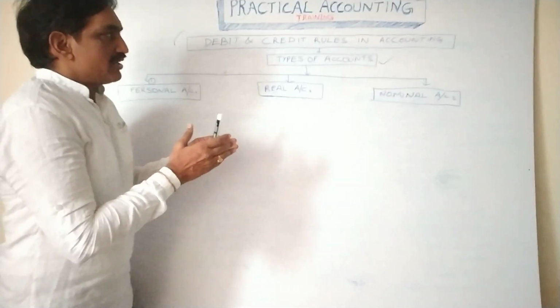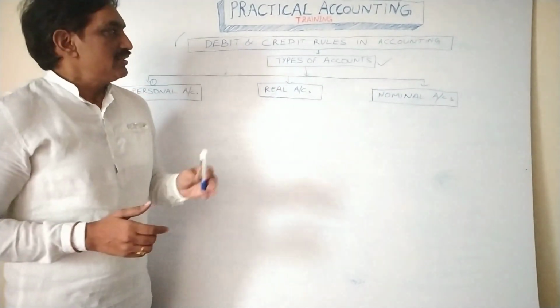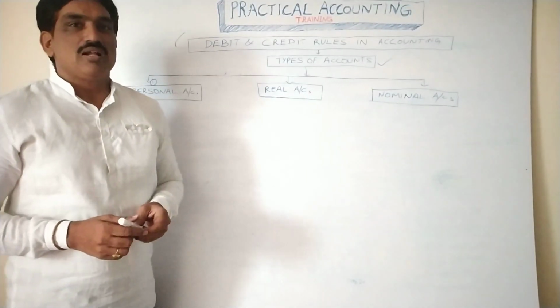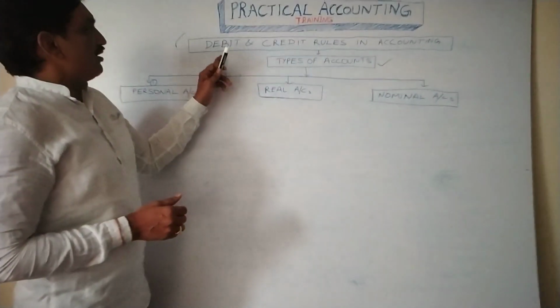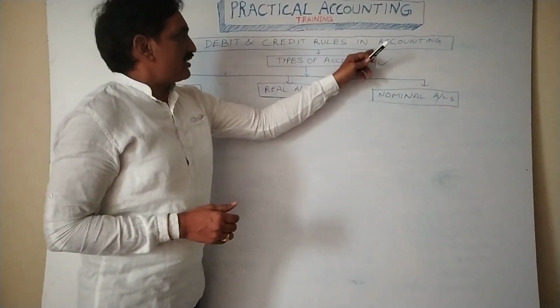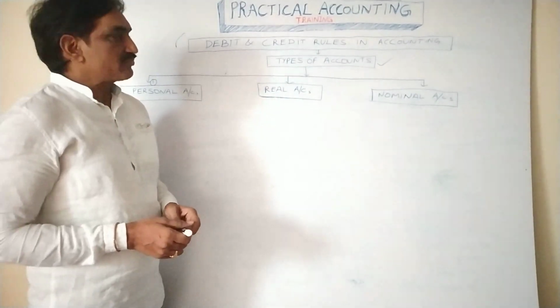Without knowing these rules, no accountant can work. This is very crucial to the accountant. That is why these debit credit rules are called golden rules of accounting.